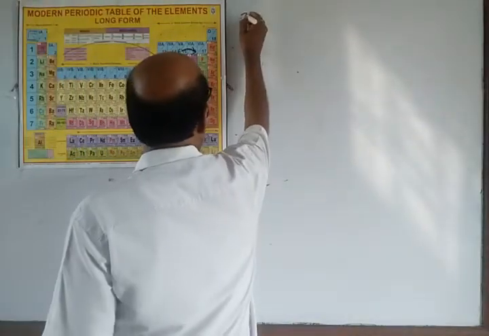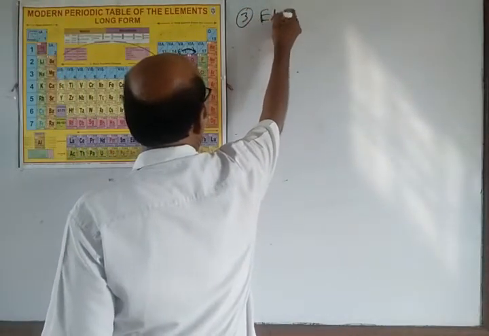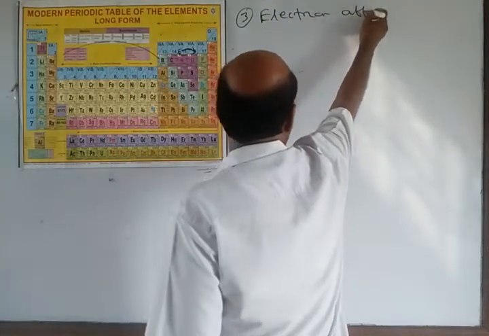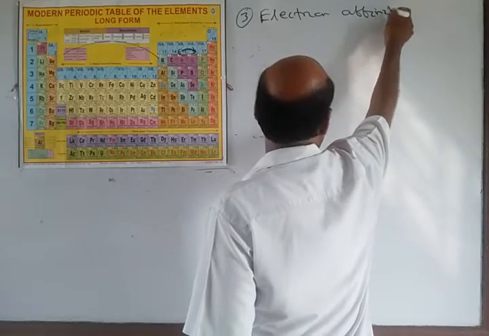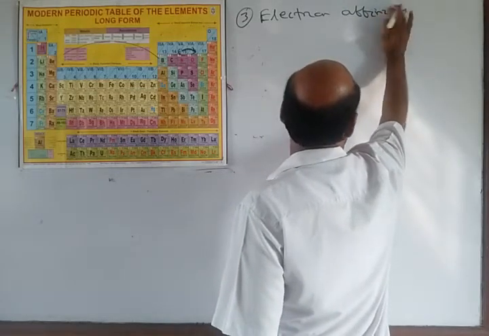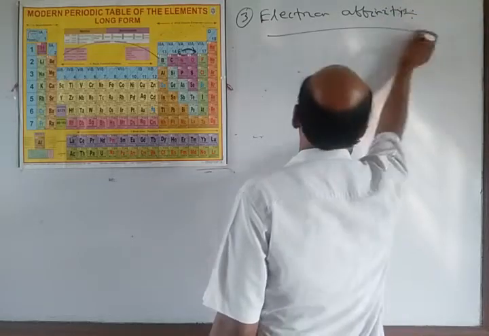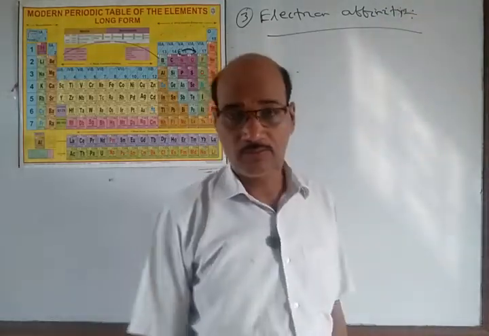Number 3, electron affinity or electron gain enthalpy. So what do we see?